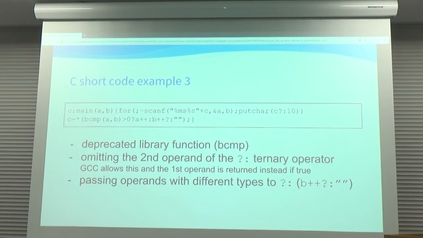And another example, I think many of you don't know this function, bcopy. This is a deprecated library function. And the ternary operator, question colon, here, and I omitted the second operand.